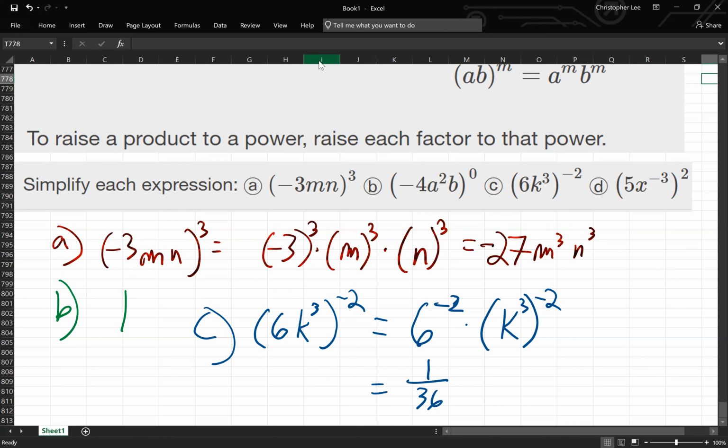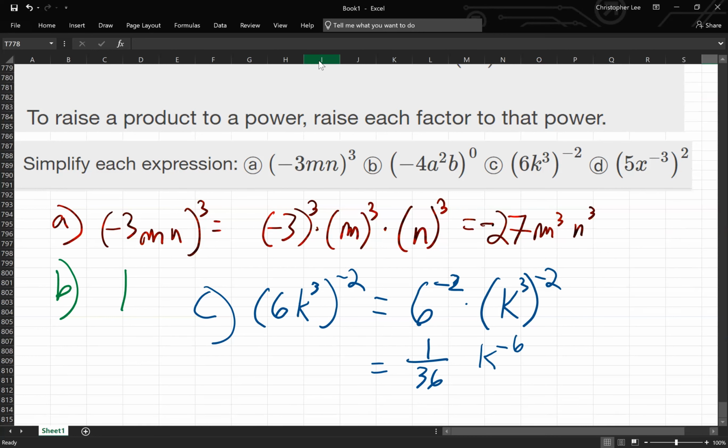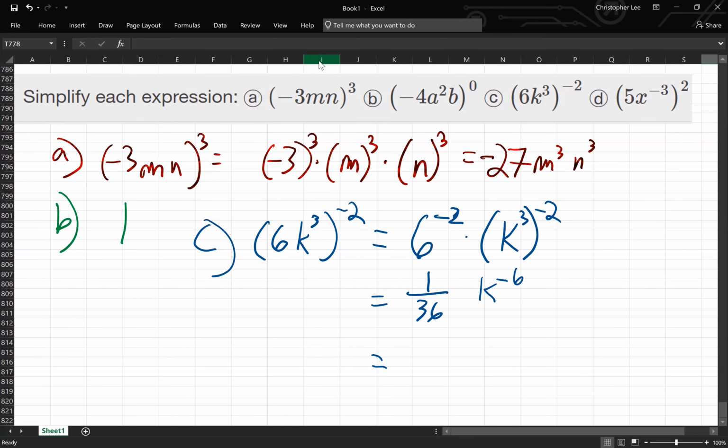And then k to the third raised to the -2 is k to the -6 power. But you already know negative exponents, you know how that's going to go. This becomes 1/36 k to the 6th power. And that's my answer.